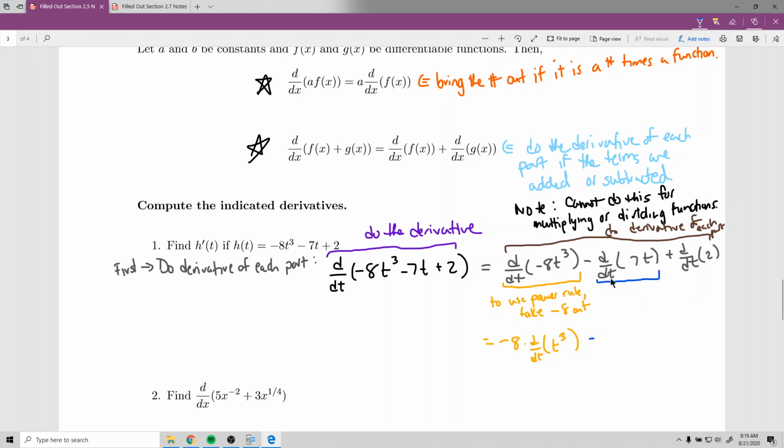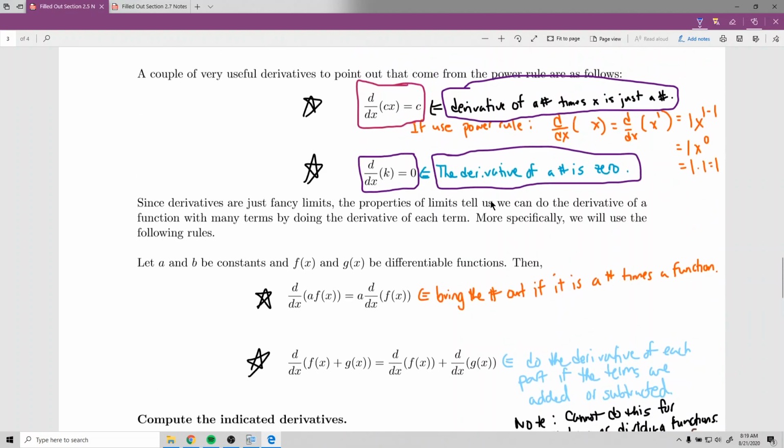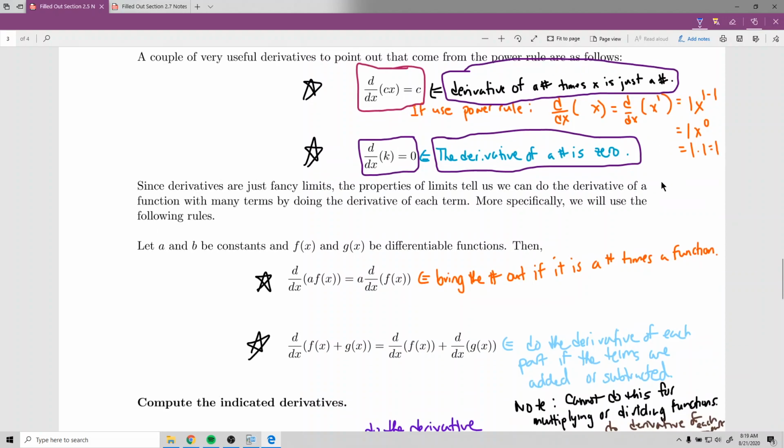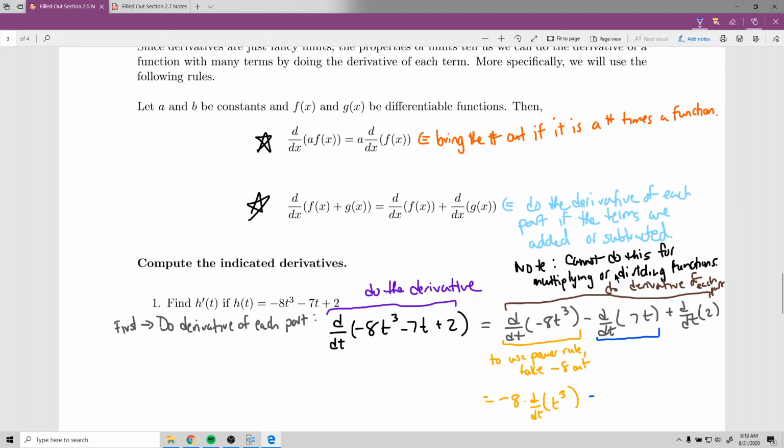And then this one says do the derivative of 7 times t. But that's also this rule up here. It says the derivative of a number times x, but now our variable is t, which is the same. The derivative of a number times t is just that number. So this is that rule.